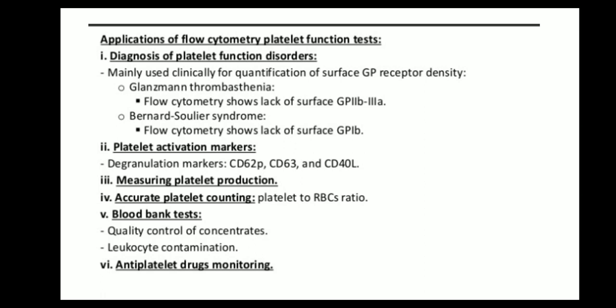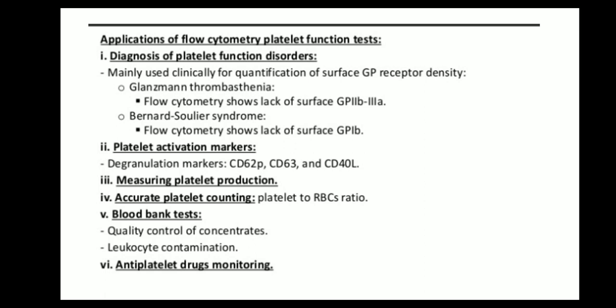Now I'll talk on flow cytometry for the platelet function test. What are the applications of flow cytometry in platelet function testing? Mainly it is used for diagnosis of platelet function disorders, that is for the clinical quantification of surface glycoprotein receptor density. Glanzmann's thrombasthenia, where flow cytometry shows lack of GP2B and 3A, and Bernard-Soulier syndrome shows lack of GP1B.